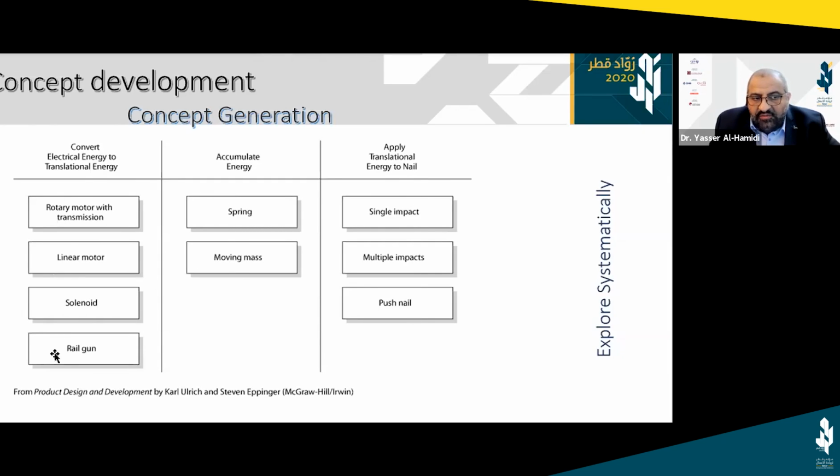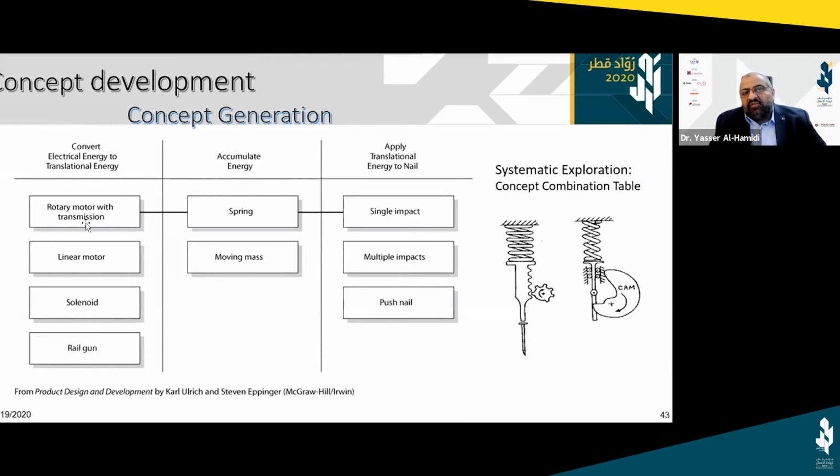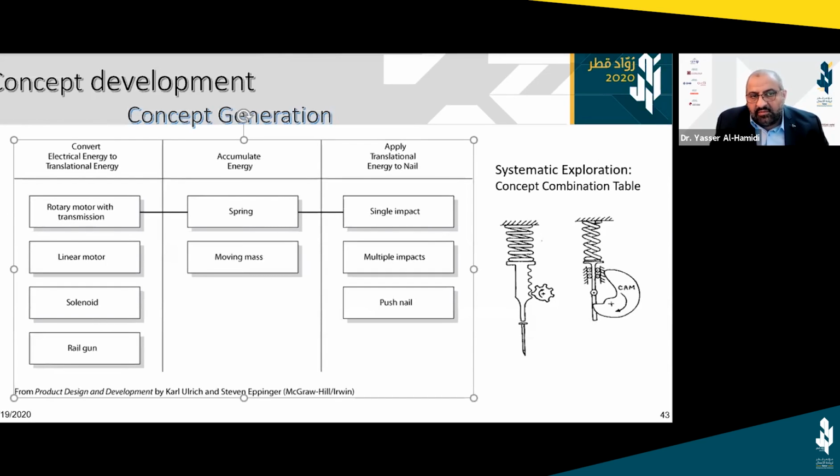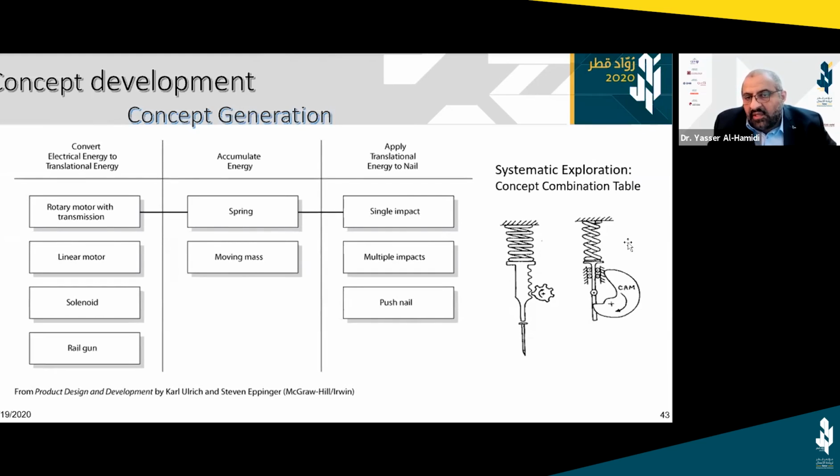These are called fragments. Now you need to experiment with different combinations of these fragments. For example, if I select this concept with this concept, then I might come up with this one. So here we are using a rotary motor with transmission, using a spring to accumulate energy, and using a single impact to apply this energy to the nail.